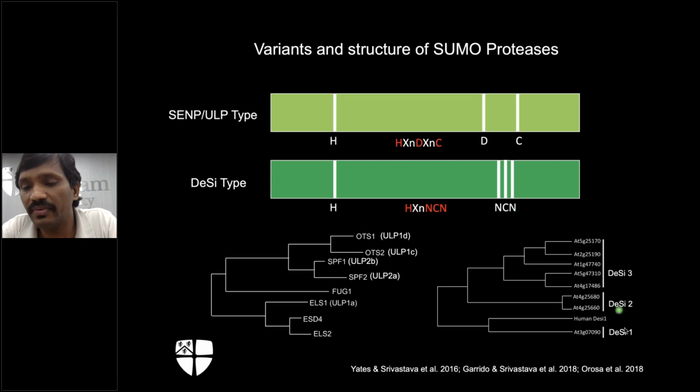We have identified different kinds of DESI SUMO proteases, and all the SUMO proteases we have identified so far do different things, involved in different morphology or different actions in the plant system.